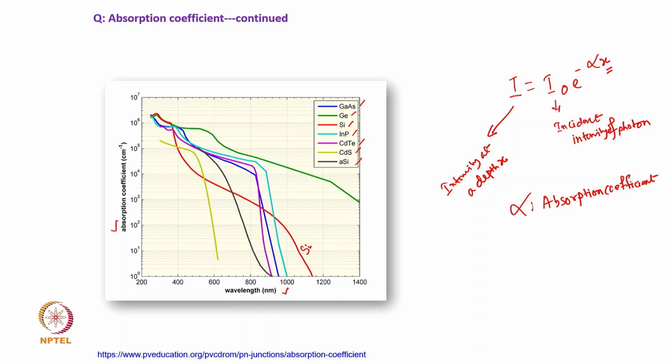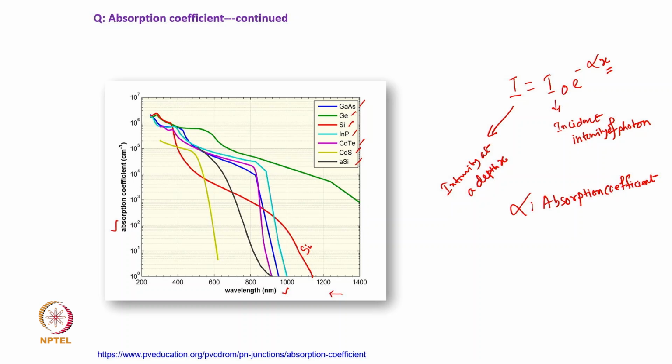If we decrease the wavelength of light, then after a certain wavelength there is an enhancement in the absorption coefficient and it becomes higher and higher at lower wavelength, that means at higher energy.